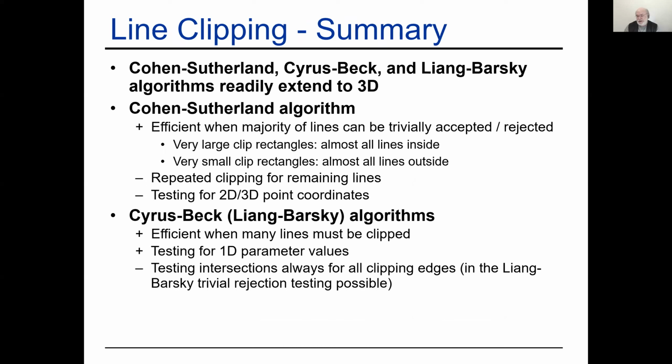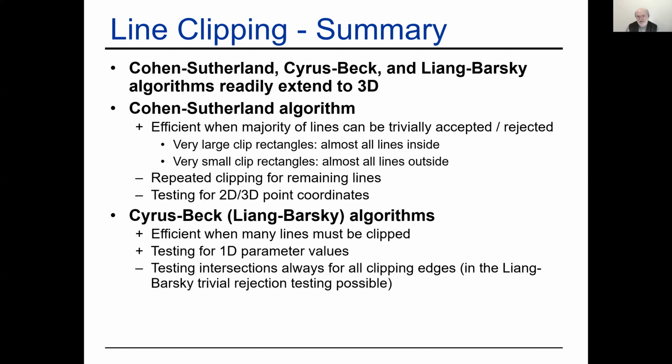So if we now look at line clipping algorithms, there was the Cohen-Sutherland algorithm, Cyrus-Beck, which generalized this to convex polygons, and Liang-Barsky, who introduced the notion of the window edge coordinates. And those algorithms all readily extend to 3D, right?